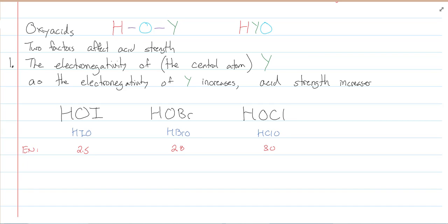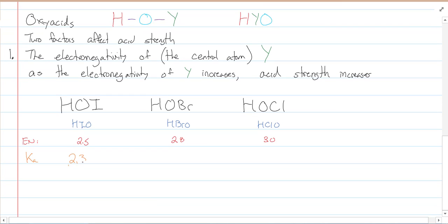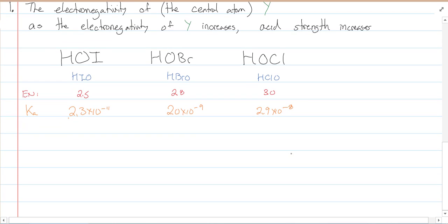Ka for HOI, or HIO, hypoiodous acid, will be 2.3 times 10 to the negative 11. We'll go up to bromine, it's 2.0 times 10 to the negative 9. That's 100 times bigger. And then 2.9 times 10 to the negative 8, 10 times bigger. So as the electronegativity increases, it's more acidic.